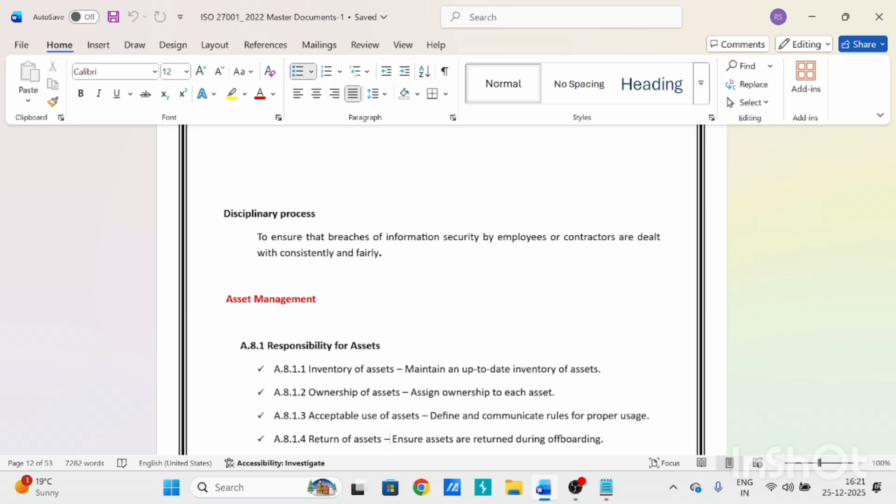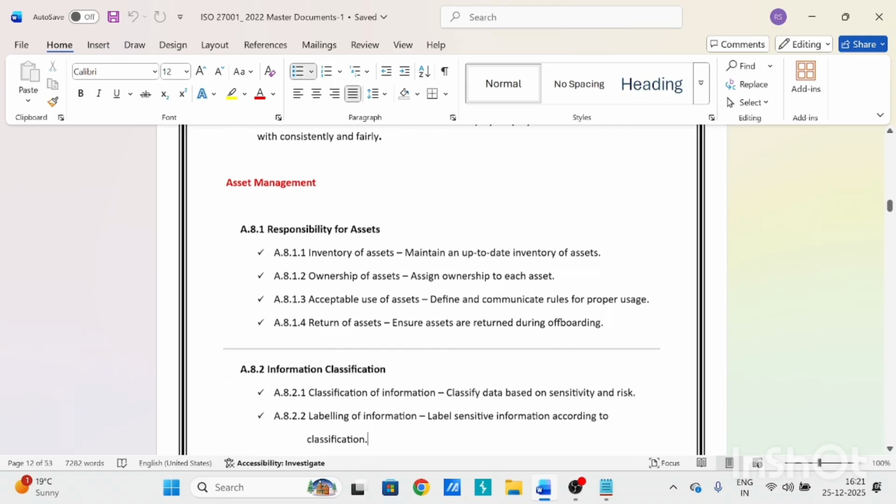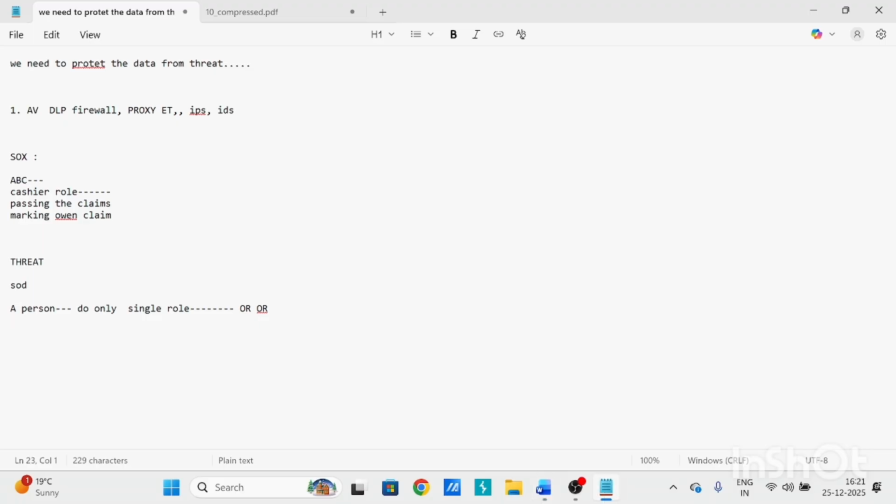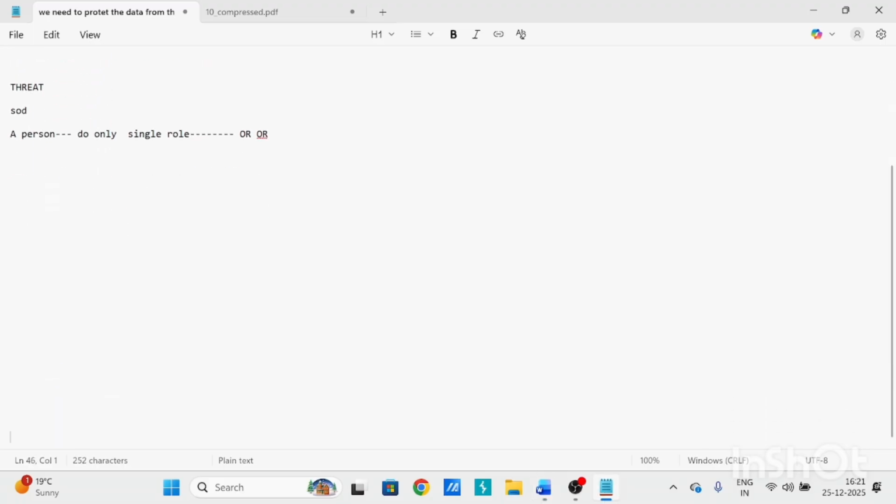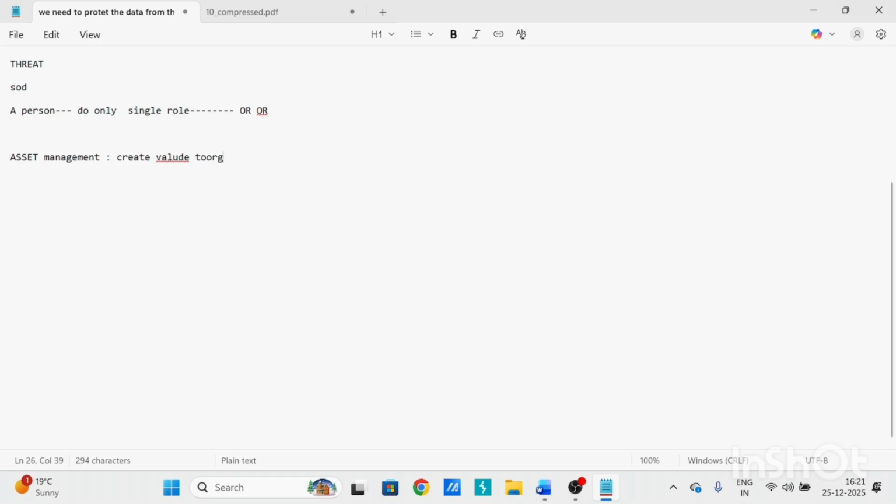Asset management is another domain, started with A.8. So what is meant by asset? Asset means any product in the form of service or physical devices that creates value for the organization.